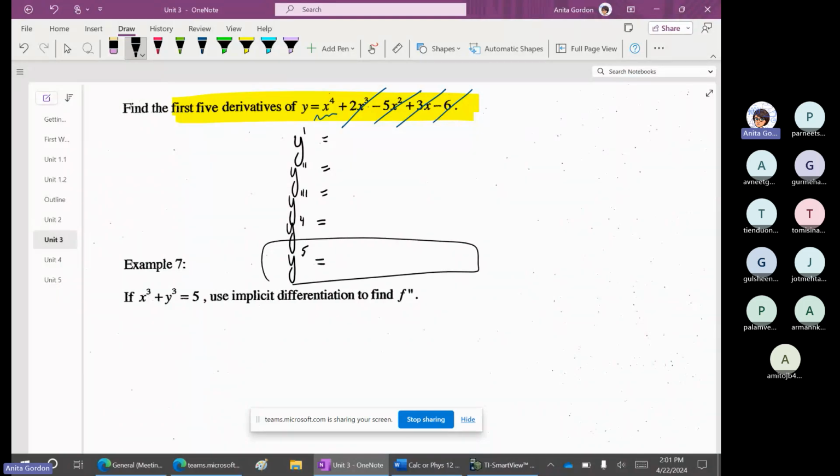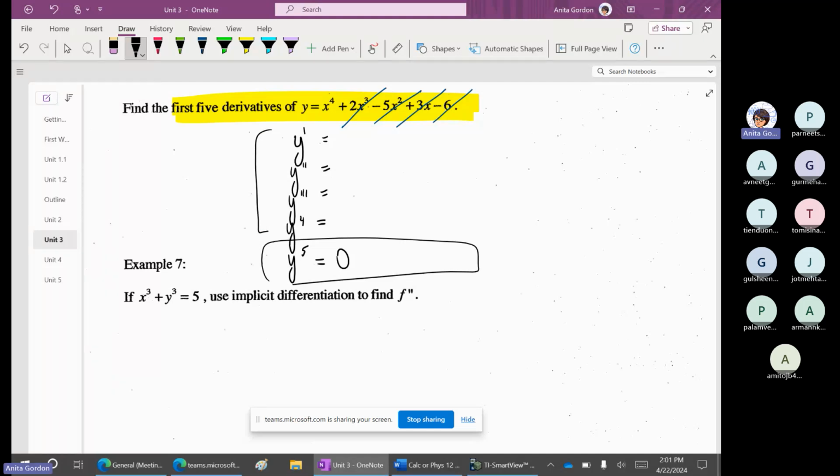Tell me what the 5th derivative is. 4. How do you know it's 0? It's 4. It's not 4. No, I know. It is 0, right? Because the first 4 derivatives will bring this down to a constant. So the 5th derivative is the derivative of a constant, so it's just 0. Right? And you can do all the steps in between to prove it to yourself if you like.